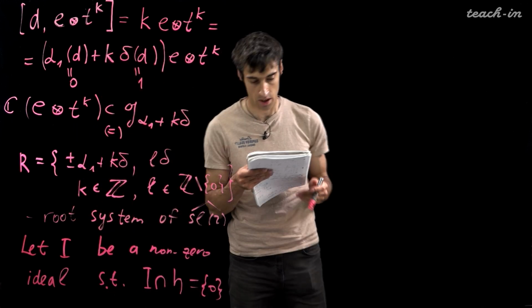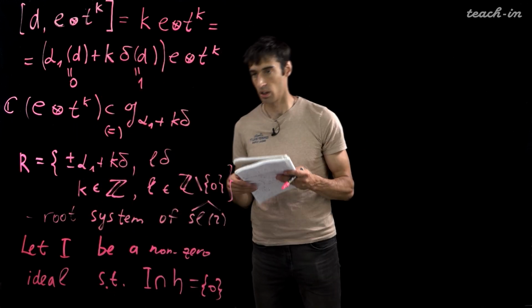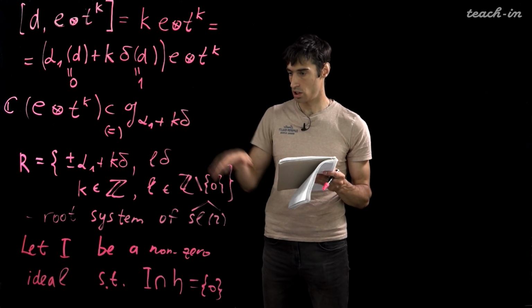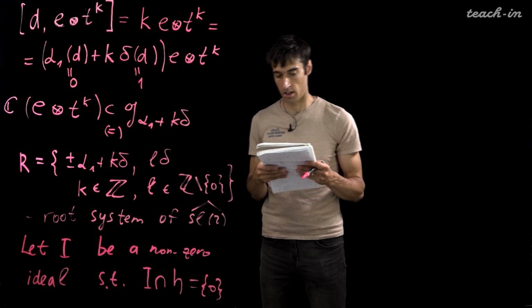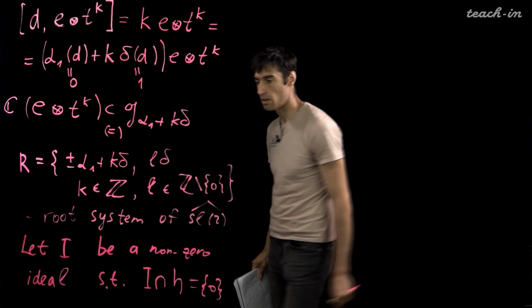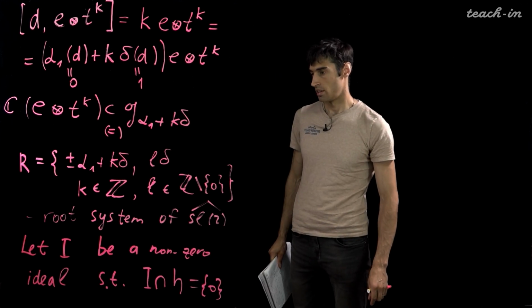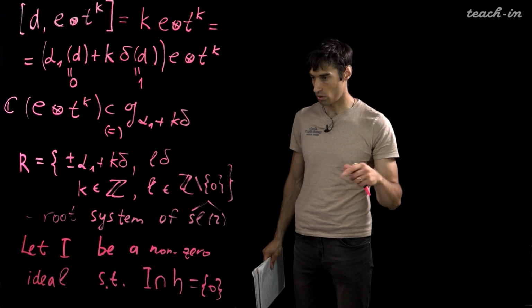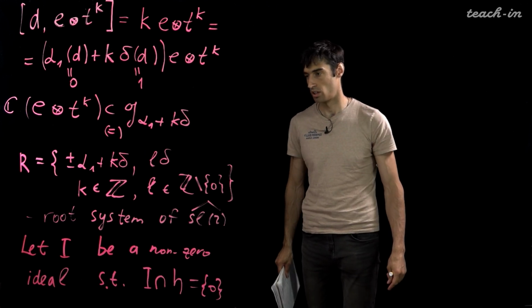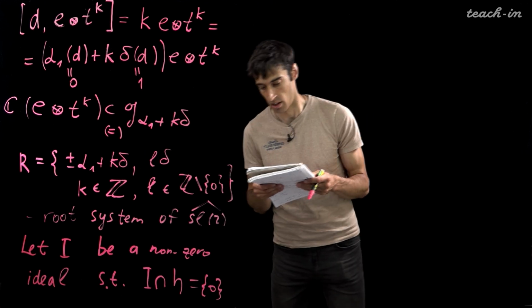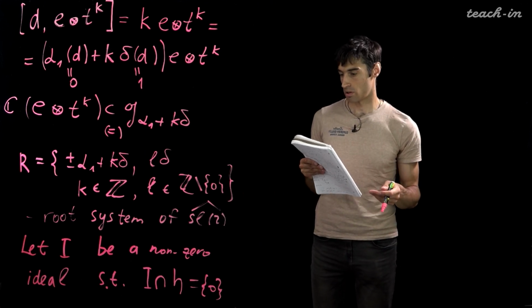Then SL2 hat, as a representation of H, has weight decomposition, and I as an ideal is a sub-representation, and we know that any sub-representation also admits weight decomposition in this case. This is from one of the problems of the seminar.